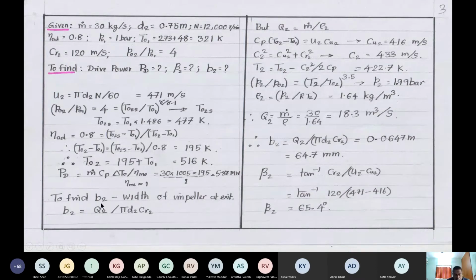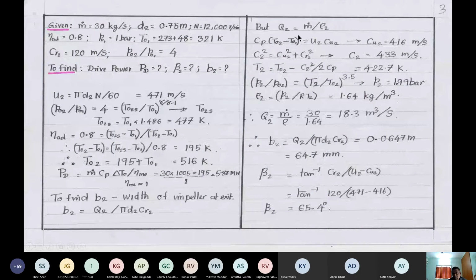So in compressible fluid flow, the discharge varies from place to place. The mass flow rate does not vary. So the discharge Q2 is equal to m dot divided by rho 2, the mass flow rate equation. So it is our job to find out the density at the location where we calculate Q2. So rho 2 we have to find out. So we'll see how it is being done.